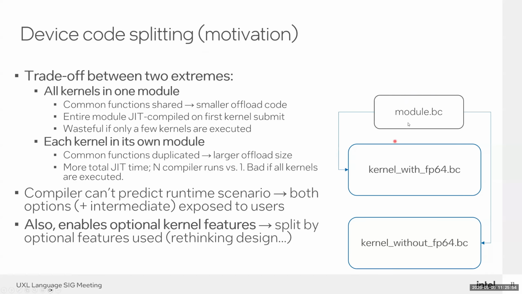Module splitting allows you to split kernels per this optional kernel feature, and so you'll get in the end two modules, one with kernels with FP64 usage and another without FP64 usage. Though currently internally we are rethinking this design, because it has some complications that we want to avoid. So here we are rethinking how we are going to implement this.